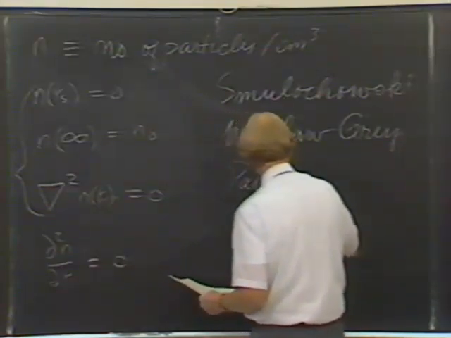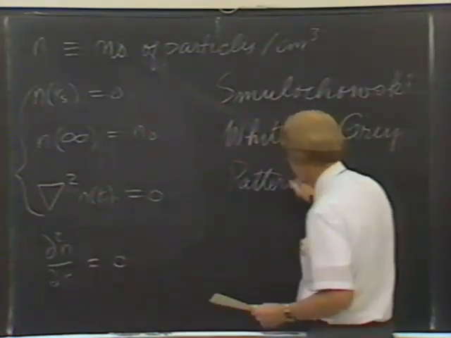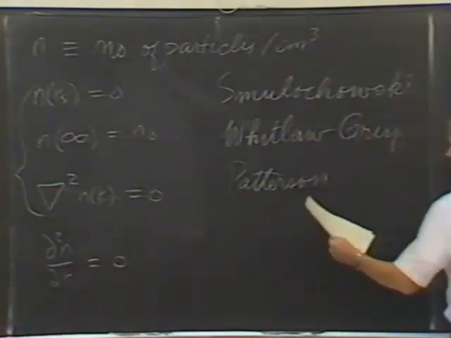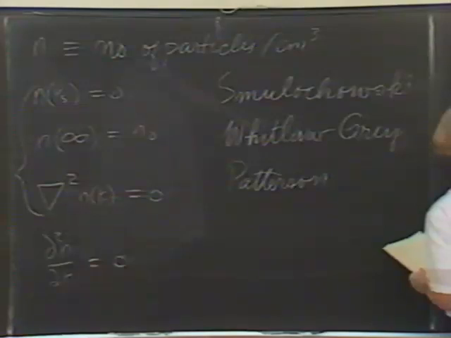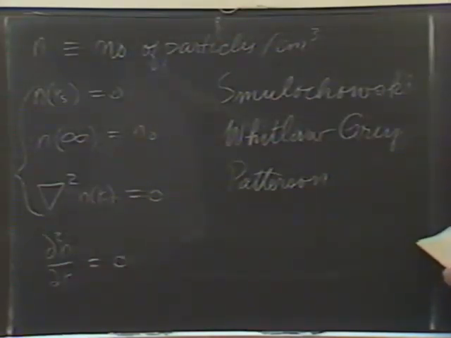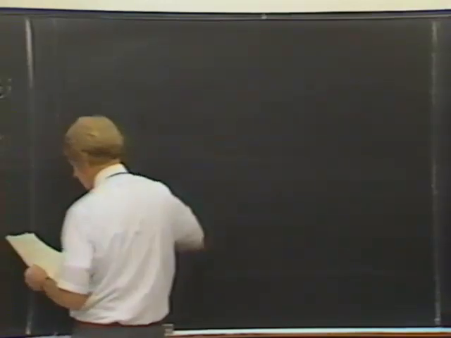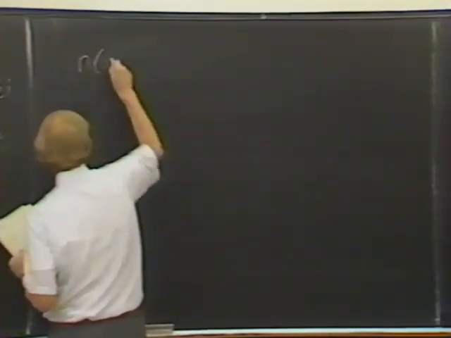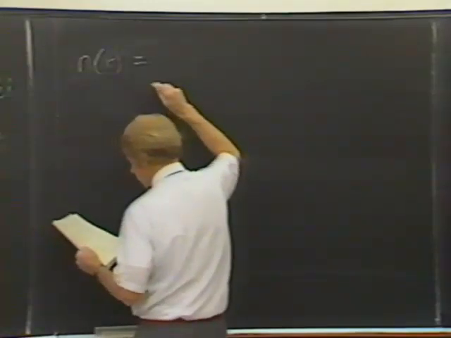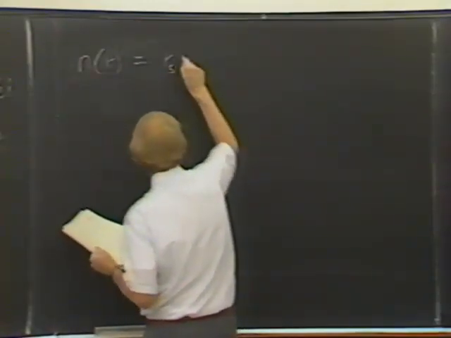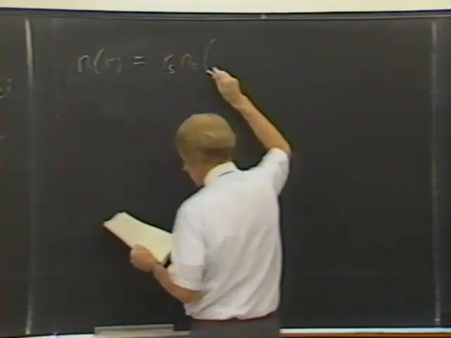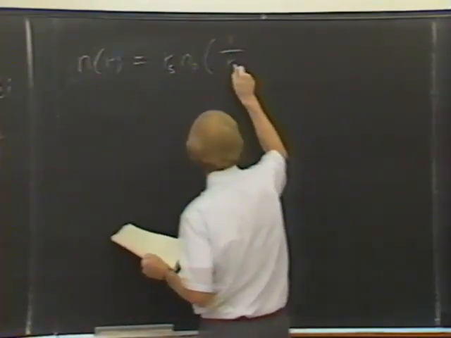Anyway, the solution to this set of equations is, no, I'm sorry, I'm two steps ahead. We can write n at r is equal to r sub s n0 times 1 over r sub s minus 1 over r. And you can satisfy yourself if you want by going back on that.